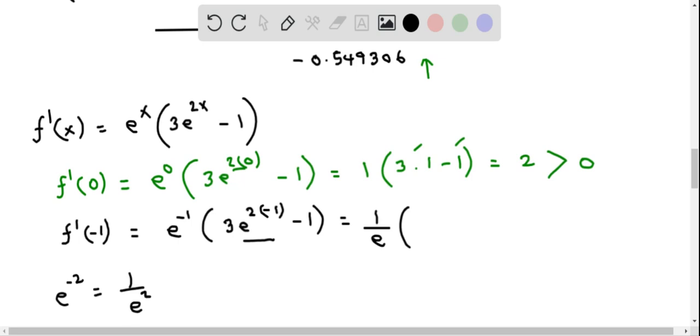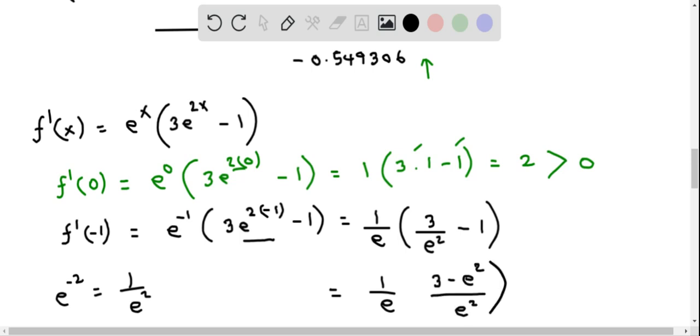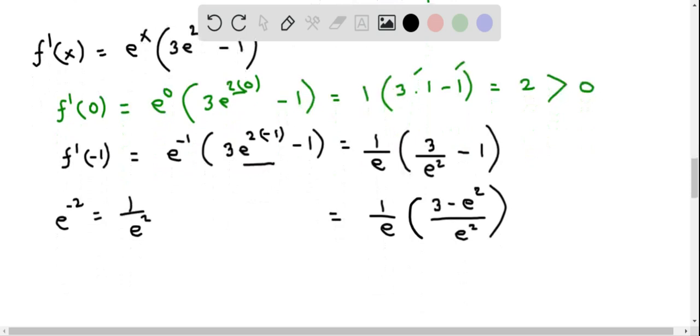And so here we have 3 times 1 by e squared, which is 3 by e squared. We then have negative 1. So let's simplify this. We get 1 by e. This equals 3 minus e squared divided by e squared. When you simplify this fraction inside the brackets, this basically equals, in the numerator we have 3 minus e squared divided by the denominator e cube.